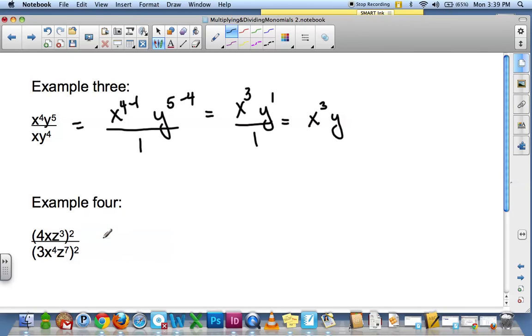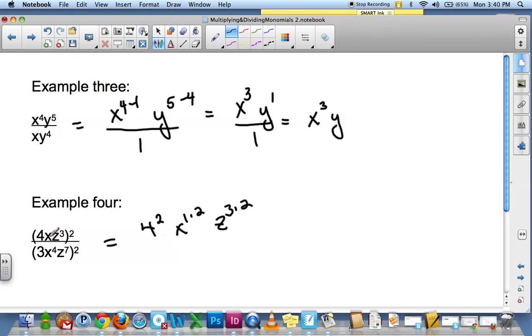All right, here's your next example. So I'm combining a few things together. If I'm raising a power to a power, we have to distribute that power. This is 1 times 2, z to the 3rd power times 2. So you see, this is 4 to the first power, so it's going to be 1 times 2, which is 2.